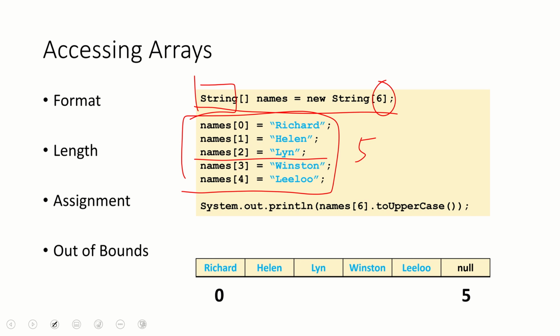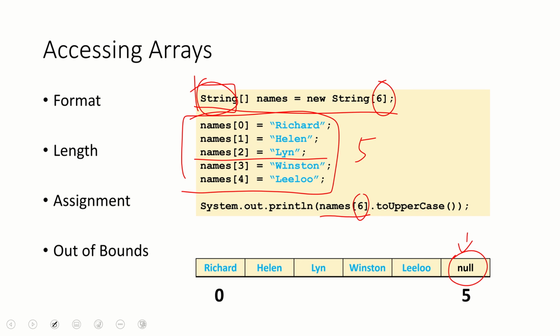What's the value for that one? It's null, right? Because the default value for a class type is null. This is a String, which is a class, so it will return null.